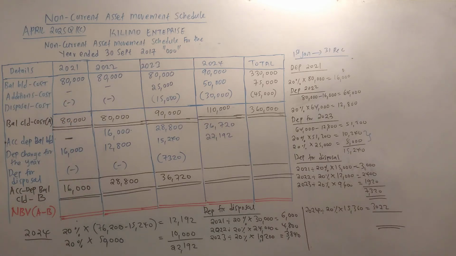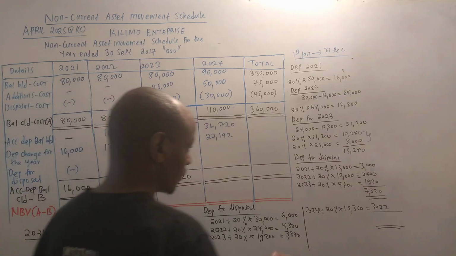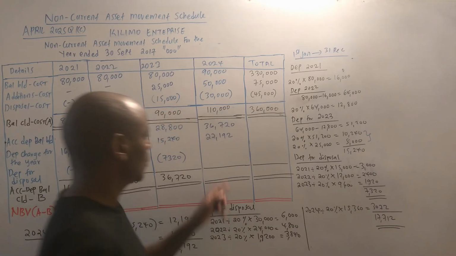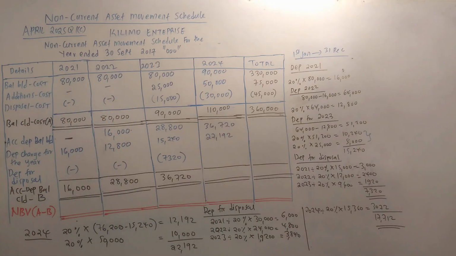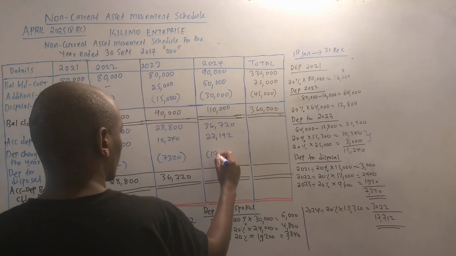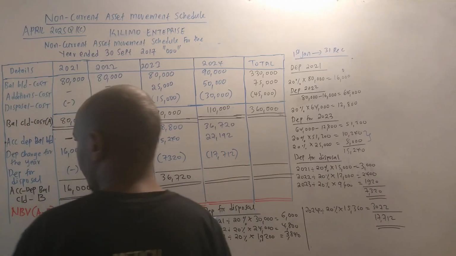So let us add from 2021: 6,000 plus 4,800 plus 3,840, then plus 3,072. That is 17,712. So we deduct 17,712.